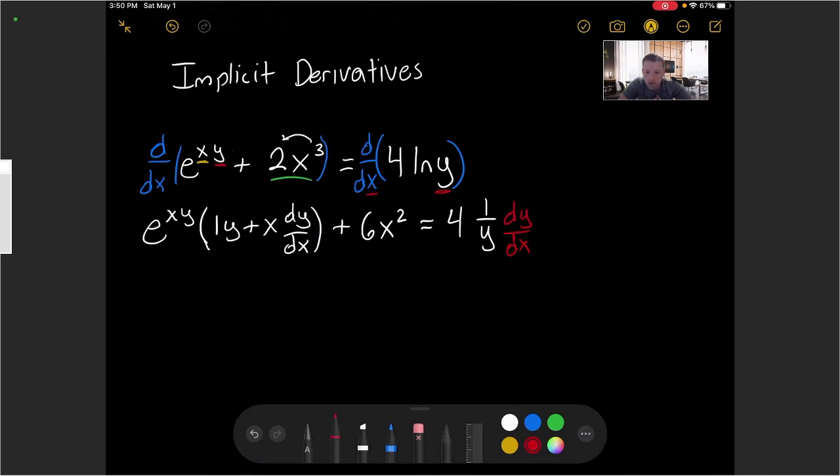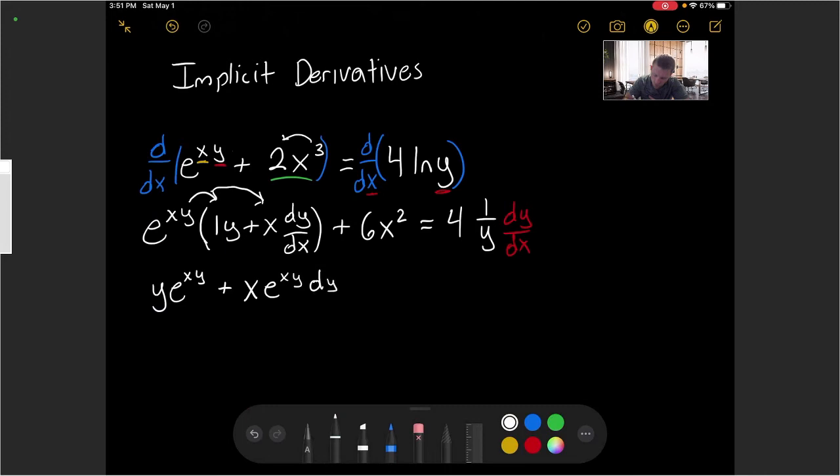So let's take a look at what we have left and try to simplify a little bit before we go out and solve for that dy/dx. So the first thing I can do is distribute here my exponential. So I'll have y e to the xy. That's going to have no derivative terms in it. Next, I'll have plus x e to the xy dy/dx.